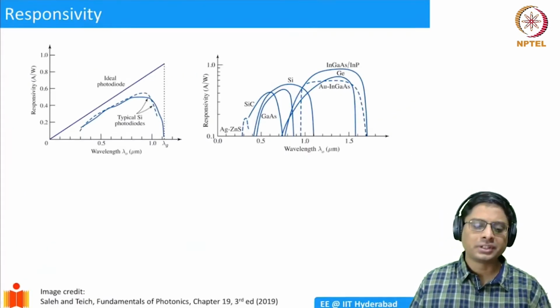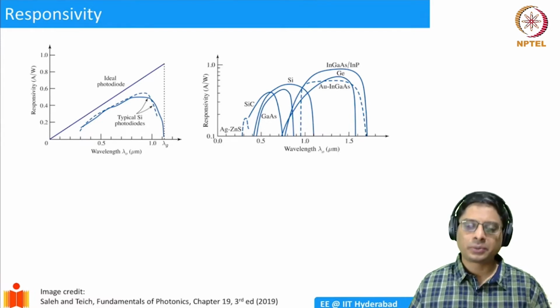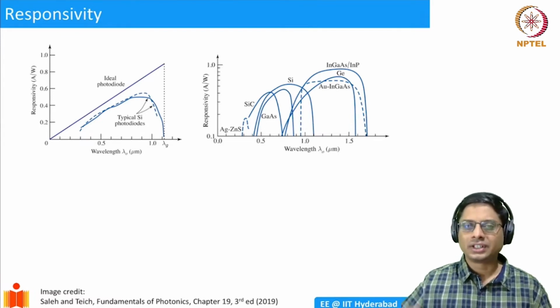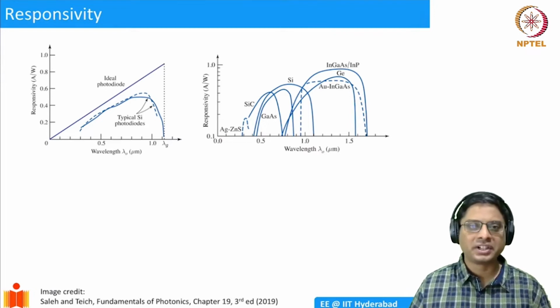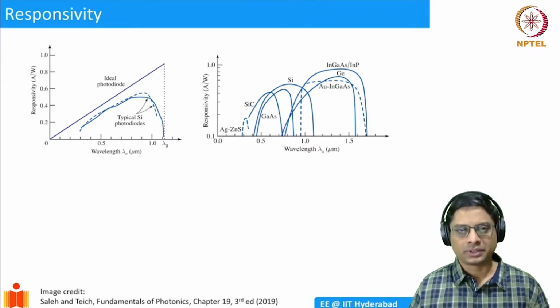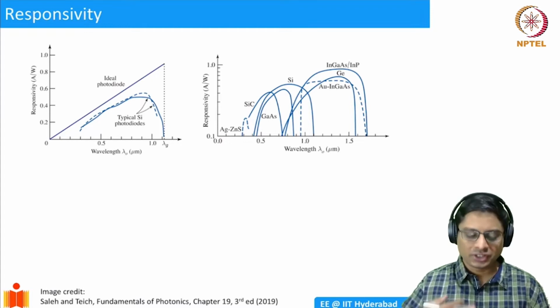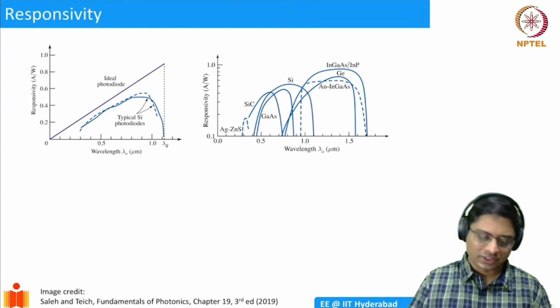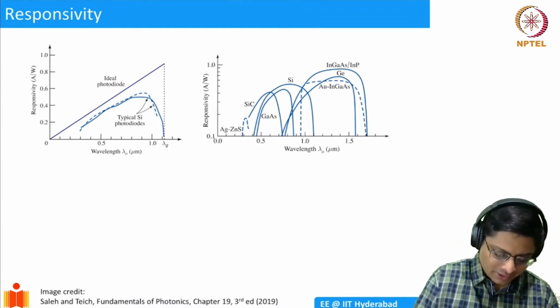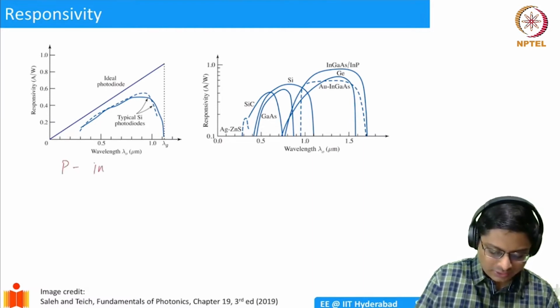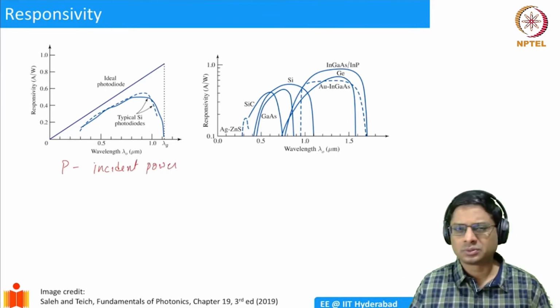This is a very important metric because it quantifies how much current is produced by the detector per unit power. Your input is optical power, let me call it incident power: 1 milliwatt, 1 microwatt, whatever.